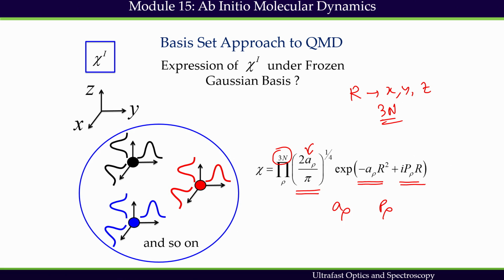So if I have 3N degrees of freedom, then we should have 3N one-dimensional propagating Gaussians, and we should take the product of each Gaussian to represent the nuclear wave function.